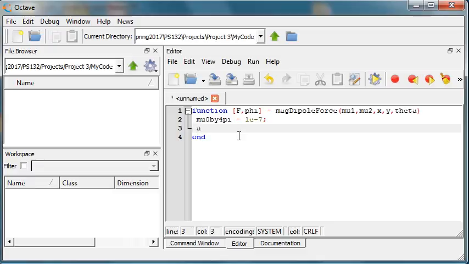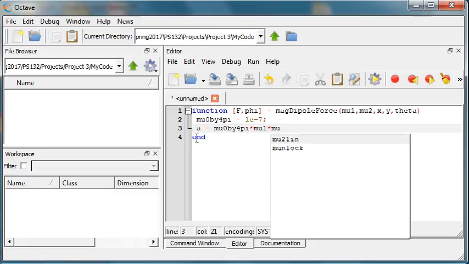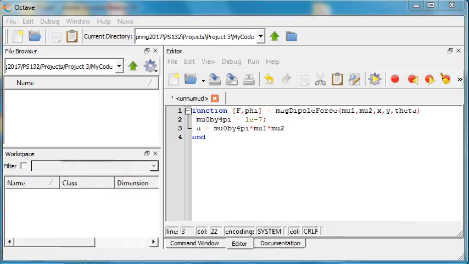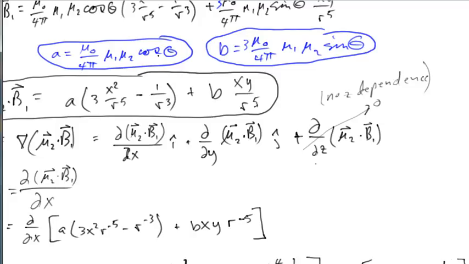A, B, and R. So A is mu 0 by 4 pi times mu 1, times, I think I'll leave those spaces out, times mu 1 times mu 2. So look at that, I had it right there, times the cosine of theta. Theta is going to be given in degrees, so I'll use cosine d.